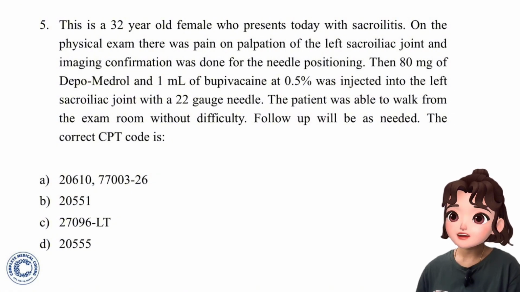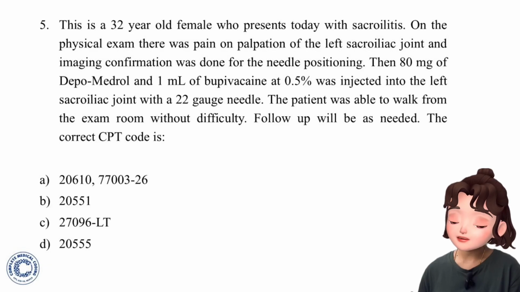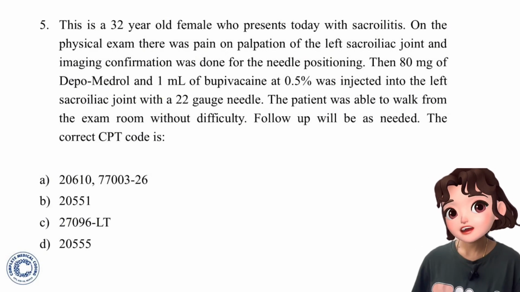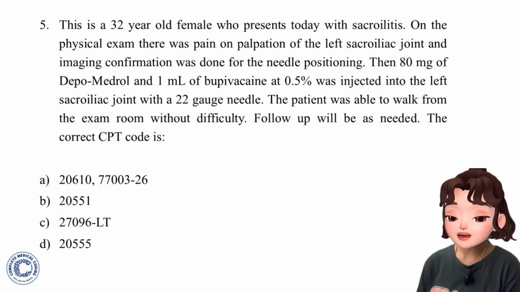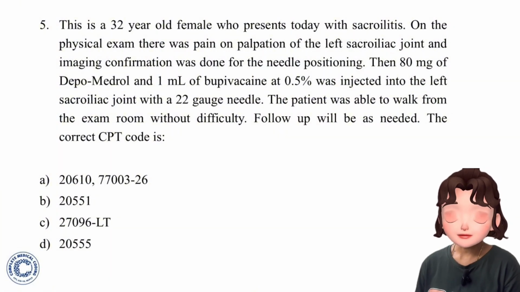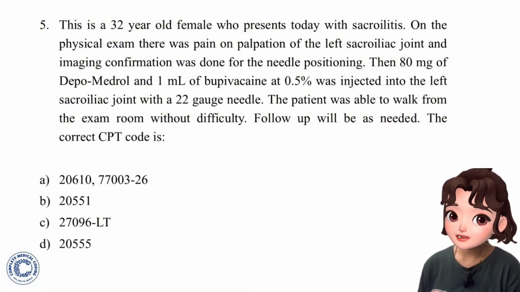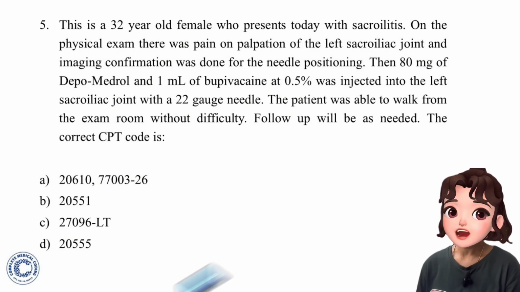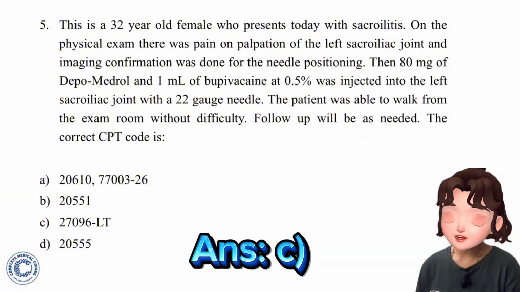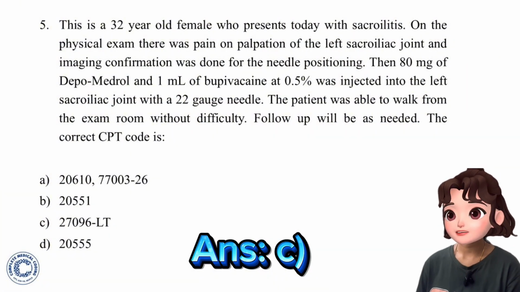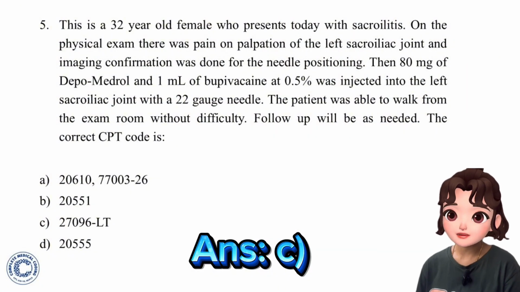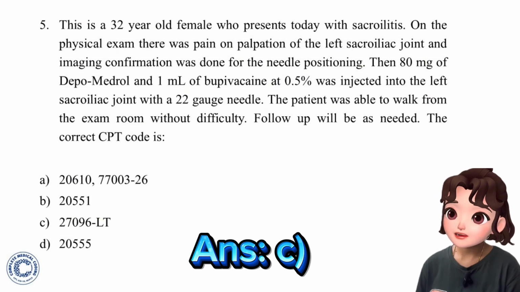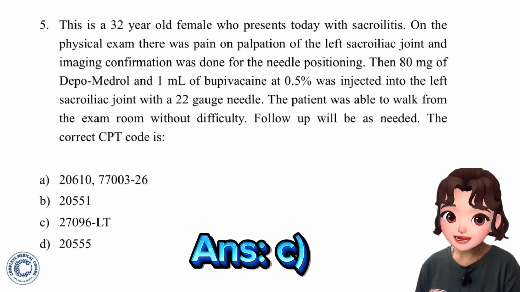Still, you should not code separately for the CT scan, because in the description of the code 27096, the imaging guidance is also present. So, you should not code the radiography code separately. So, 27096 is the exact code that we need. You should append it with the modifier LT, left, because it's a left sacroiliac joint. So, the answer here is option C, 27096 with modifier LT.